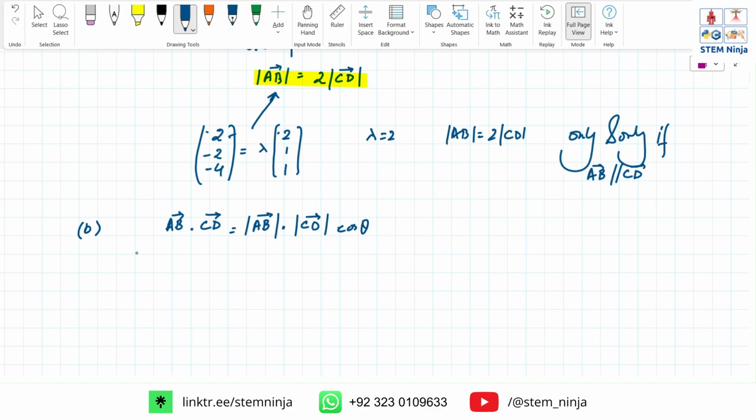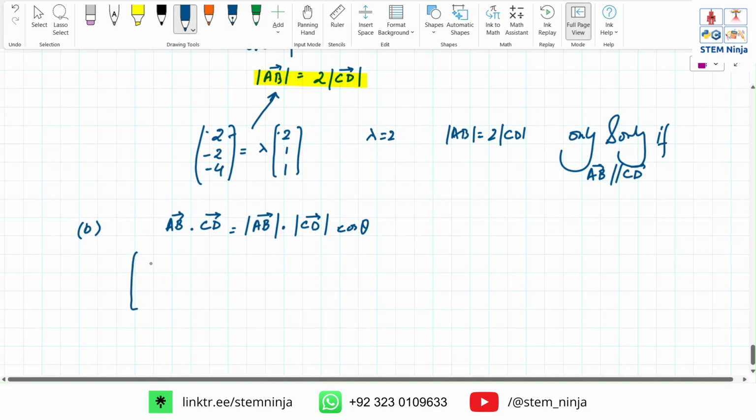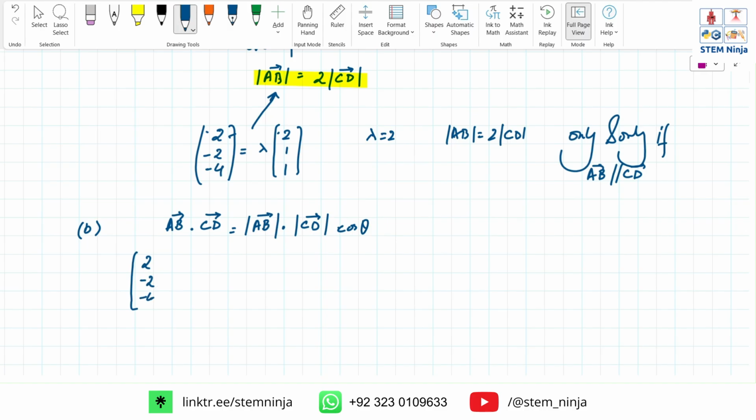Now what we can do is find out the dot product between them. So we had 2, minus 2, minus 4 dot 2, 1, 1. Magnitude of AB was 2 root 6. CD was root 6. And this is cos of theta.